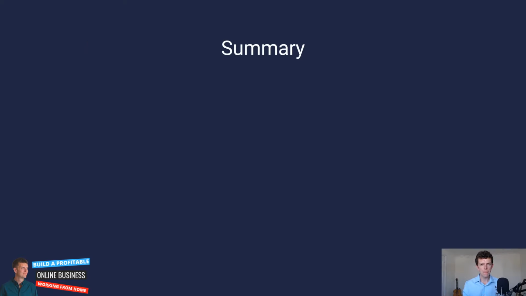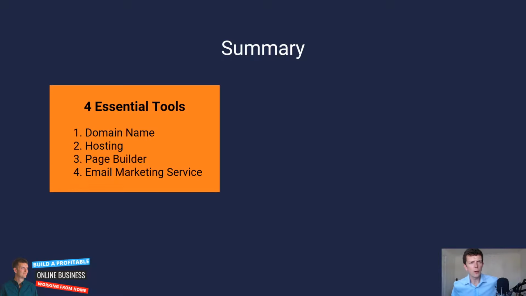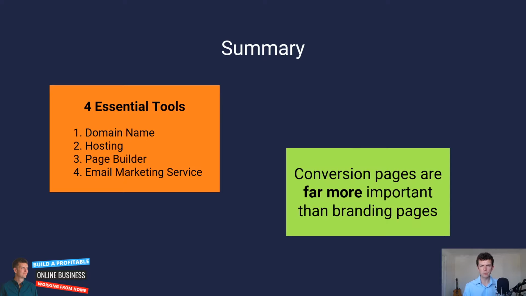So here's the summary. The 4 essential tools are domain name, hosting, page builder, and email marketing service. Conversion pages are far more important than branding pages, right?